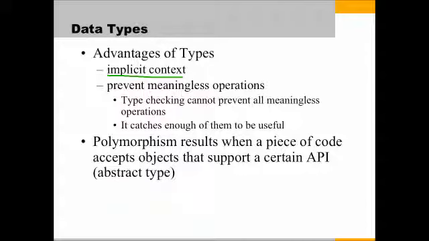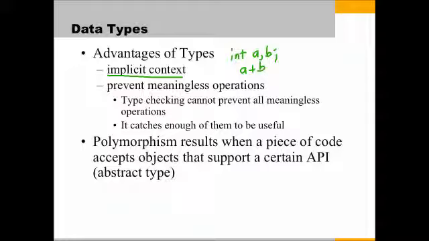For example, if I have int a, b, and I have the expression a plus b, then the compiler can infer from the types of the operands that it needs an integer addition, and therefore it can emit an integer addition instruction. So the implicit context saves the programmer from having to explicitly specify an integer operation here.